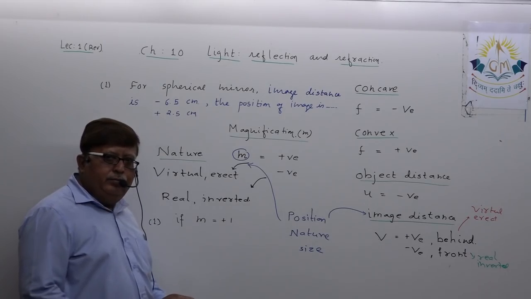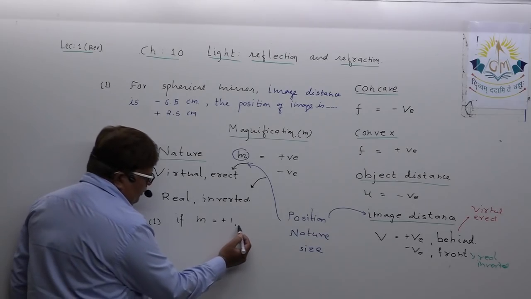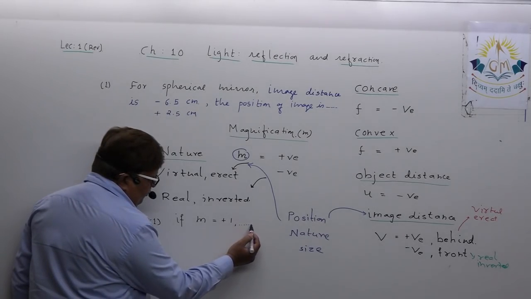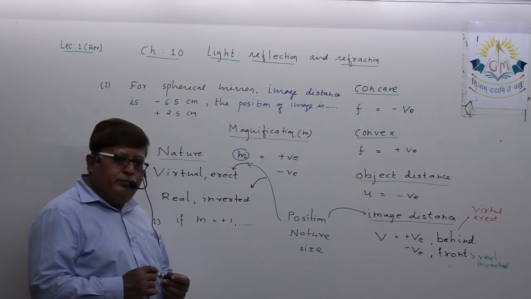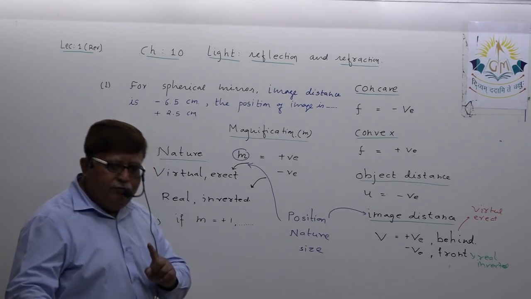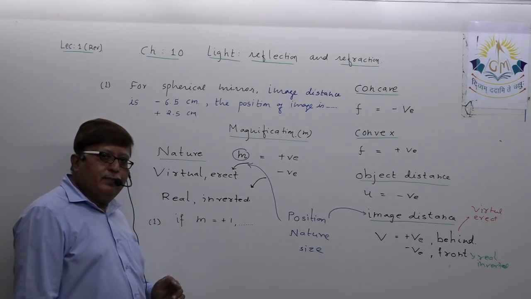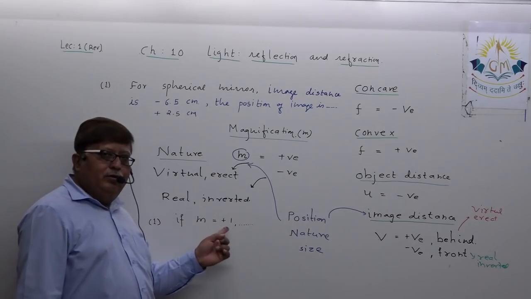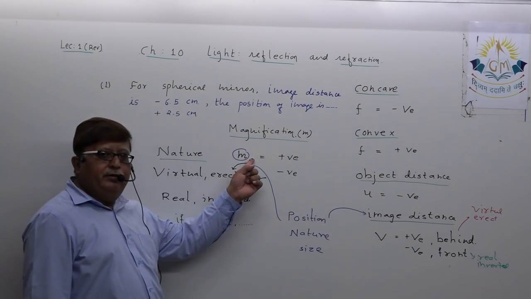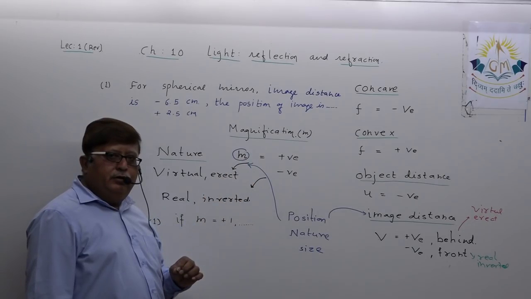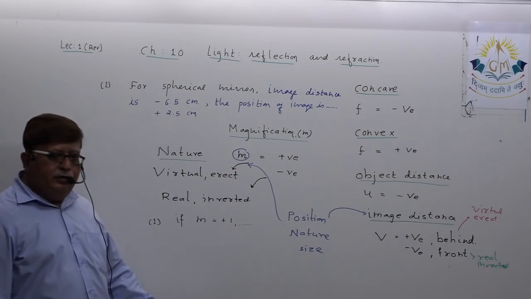If m equal to positive 1, that means you have to guess for me the nature and the size of the image, because I have already told you that size can be decided from the value of the magnification. That is clear in your mind.